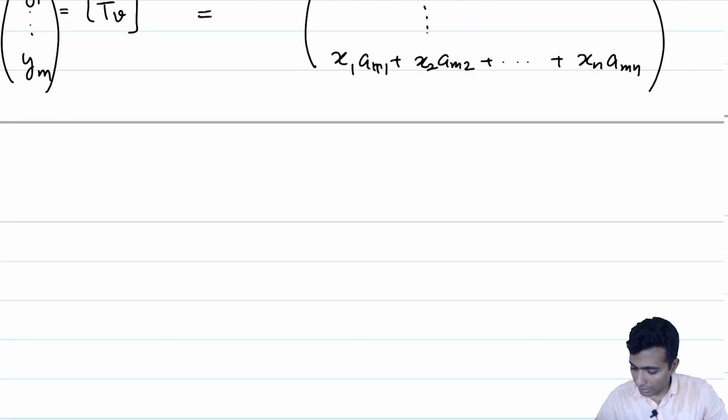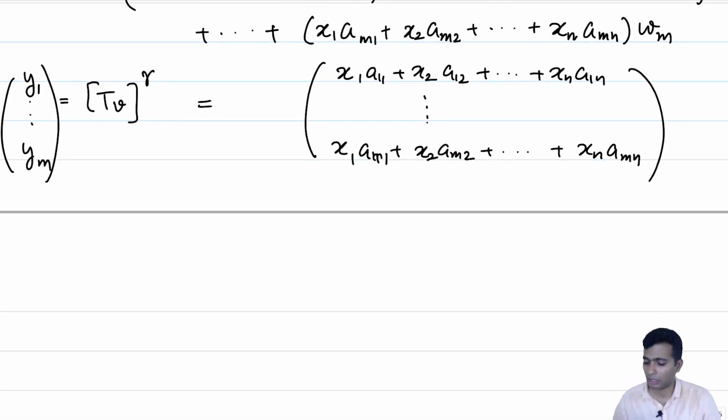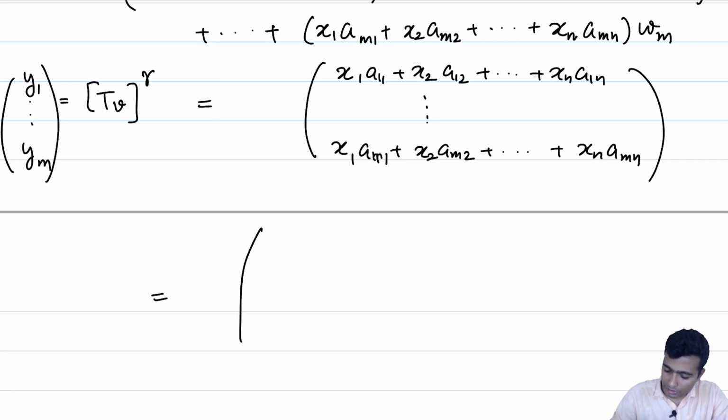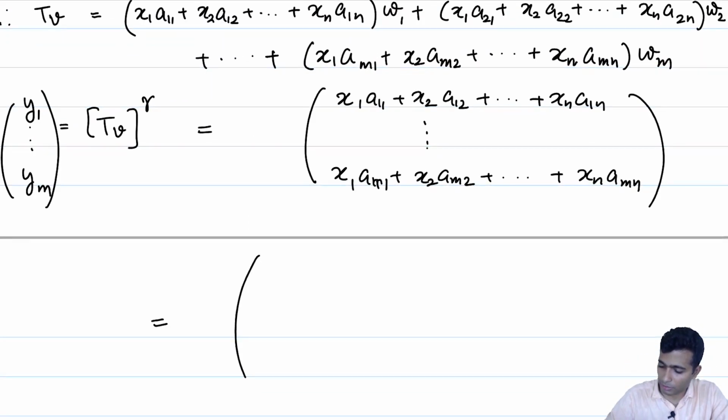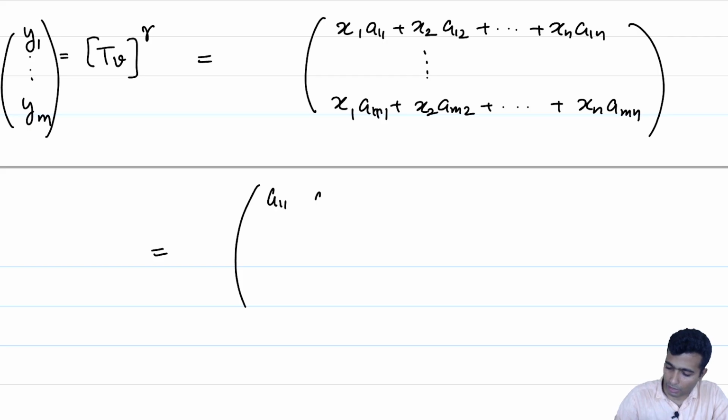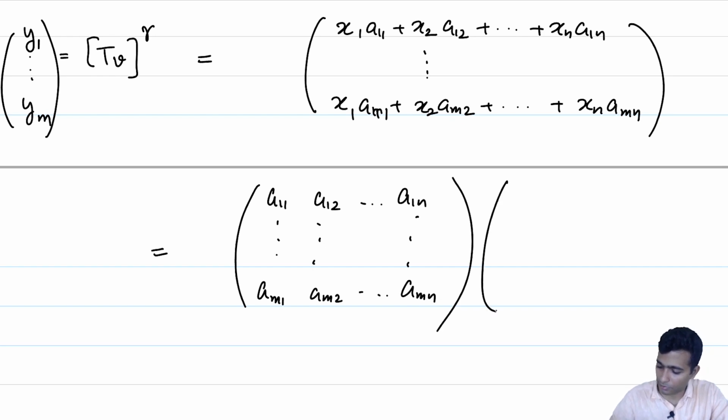The right hand side looks quite cumbersome, but if we recall our knowledge of how matrices multiply, we can write this as the matrix multiplication of the matrix with rows A11, A12, A1n up to Am1, Am2 up to Amn, times x1 up to xn.